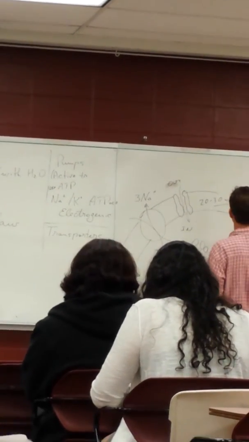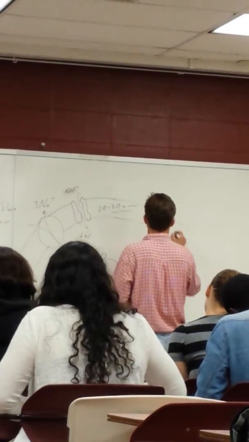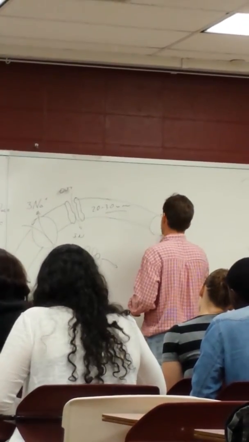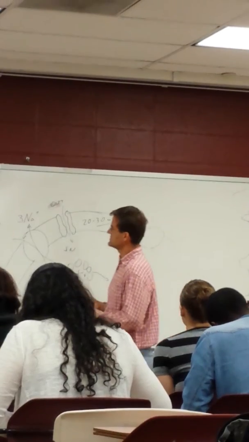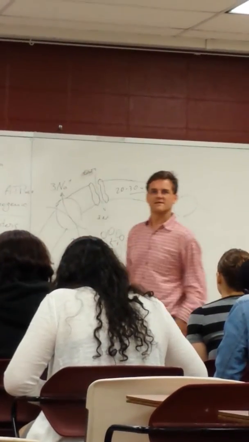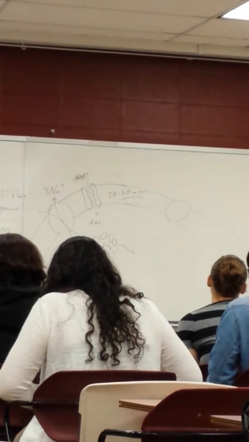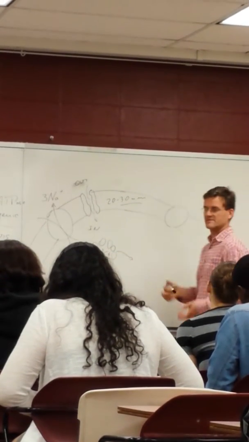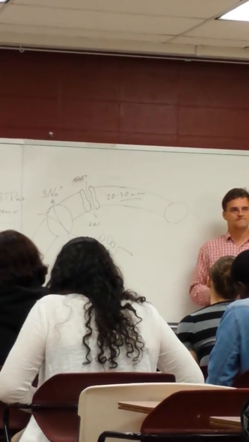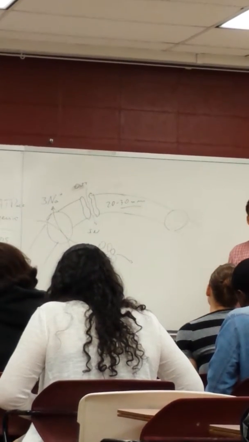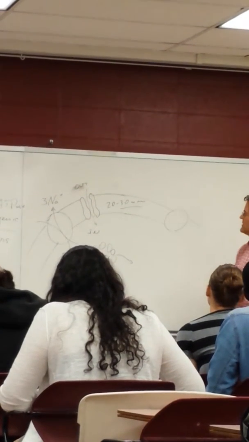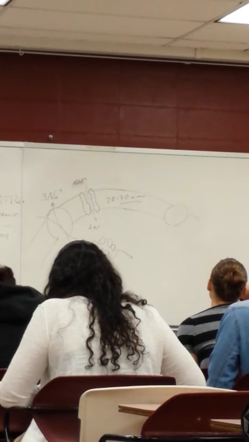Does anybody know how? GTP? No. That would be an active transporter too, because GTP is basically, for all purposes, the same as ATP. It just binds to different molecules, but it has the same effect. It's hydrolyzed to GDP and so on. Protein phosphates? Say that again? Protein phosphates? No.